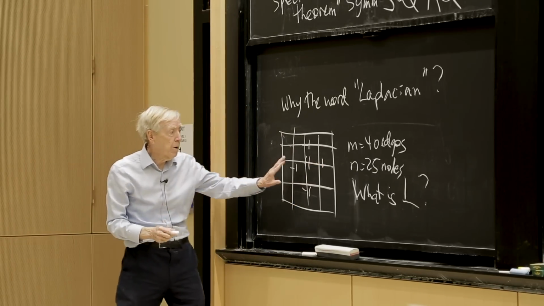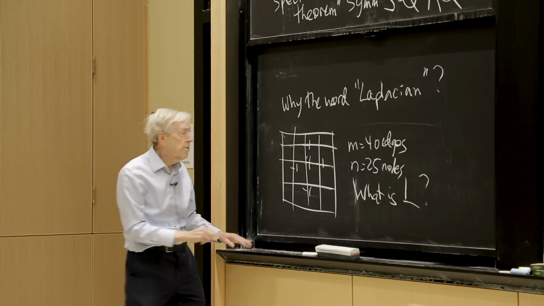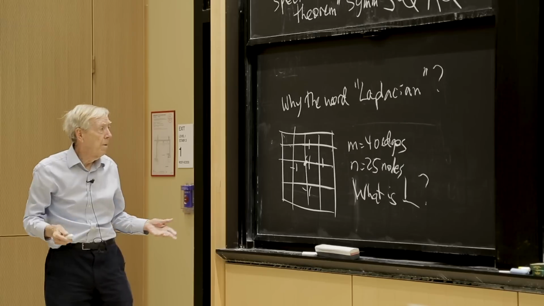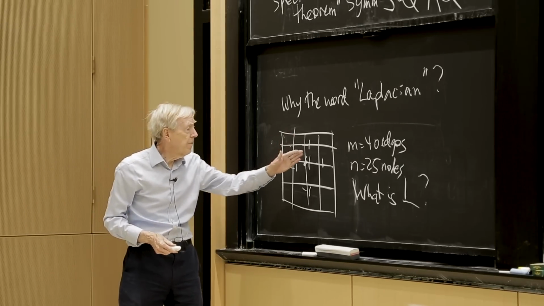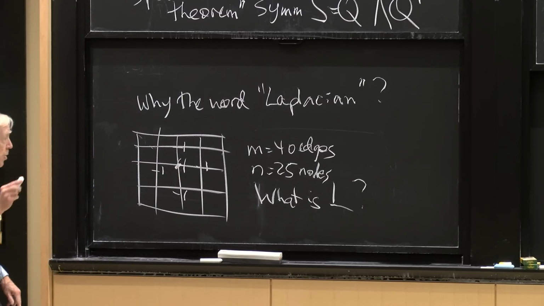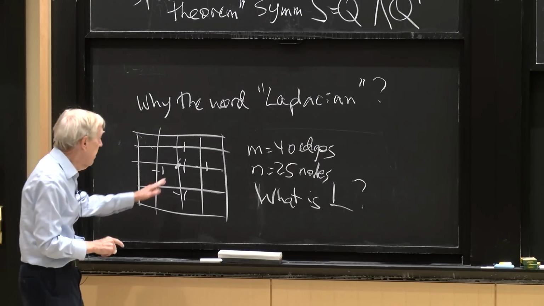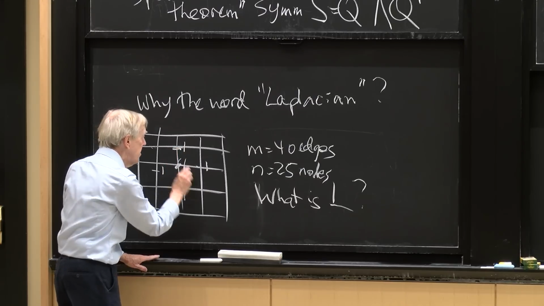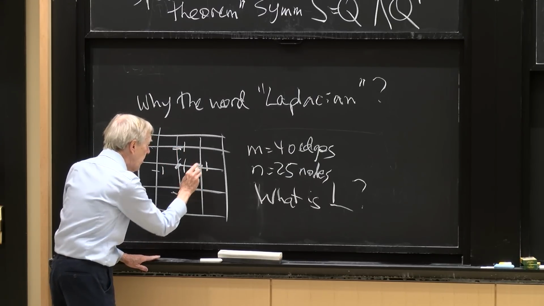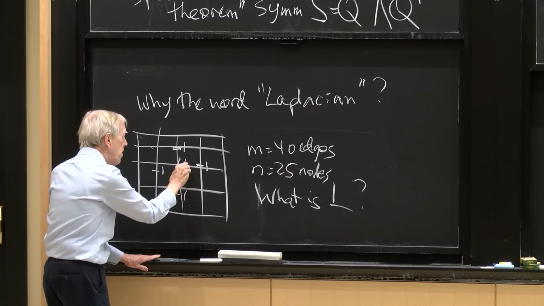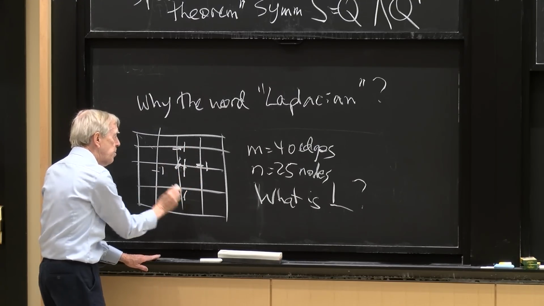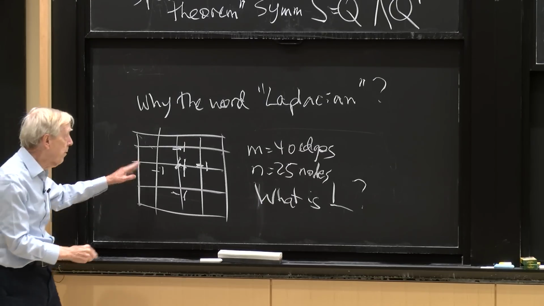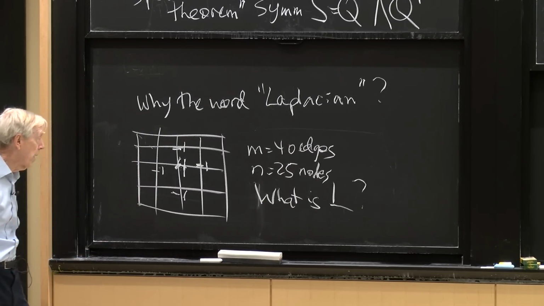So this is a typical row of L, centered at that node. So maybe that's node number 13 out of 25. That would show you this, and those are minus ones. So a 4 on the diagonal and 4 minus ones. That's the model problem for when the graph is a grid, a square grid.